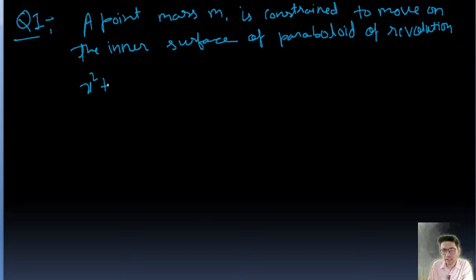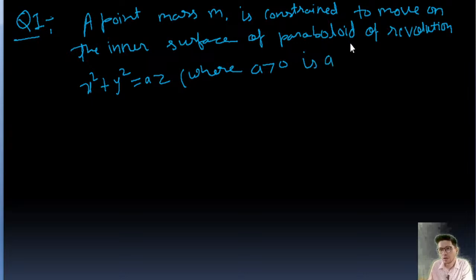The surface equation is x square plus y square equal to az, where a is greater than 0 is a constant.